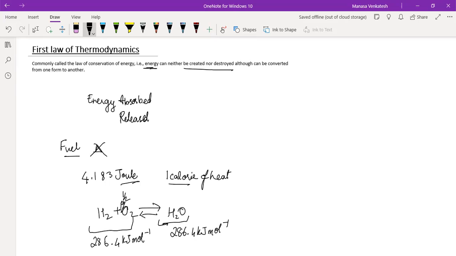That is pretty good. So when hydrogen and oxygen convert to form water, you have 286.4 kilojoules per mole getting absorbed, whereas when water is getting converted back to hydrogen and oxygen, you have 286.4 kilojoules per mole getting released. So these are a few examples of the first law of thermodynamics.